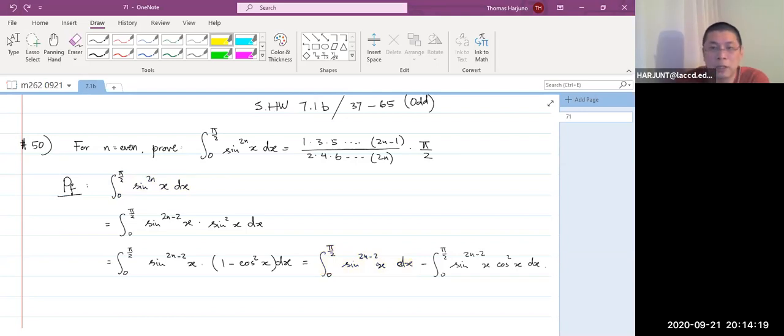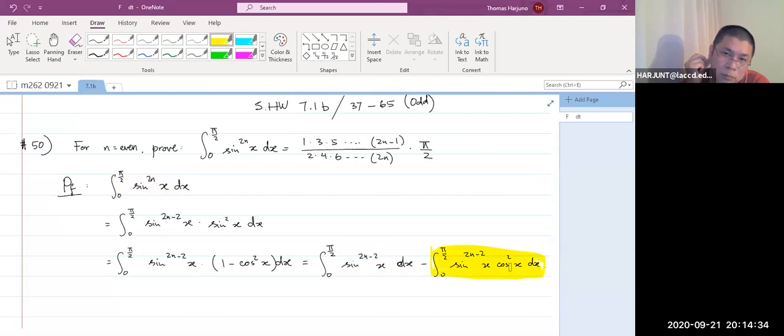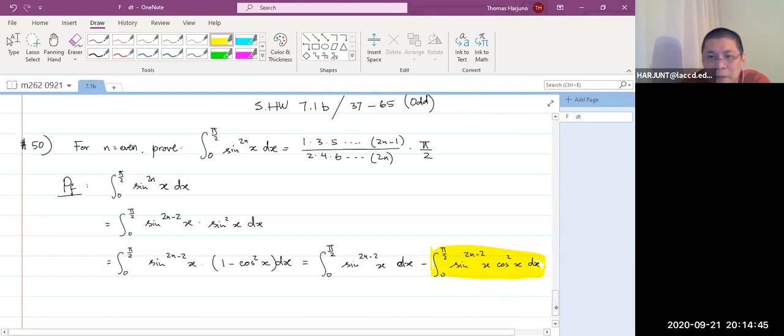My problem is, how do I integrate this? Let's do integration by parts.